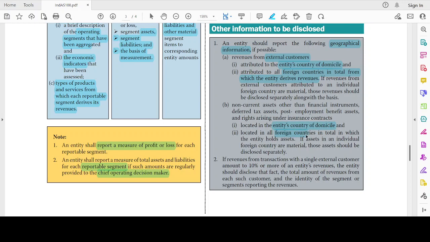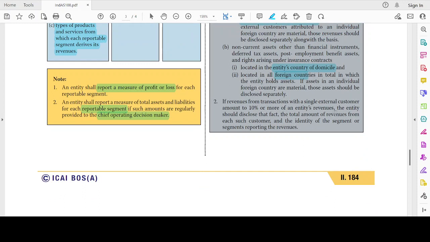Then if revenue from transactions with a single customer amounts to 10% or more of the entity's revenue, the entity should disclose that fact, the total amount of revenue from each such customer, and identify the segment or segments reporting the revenue. What does that mean? For example, ABC Limited is the reporting entity. It has one customer known as F Limited. I'm selling goods equal to 15% of my gross revenue to that particular customer.